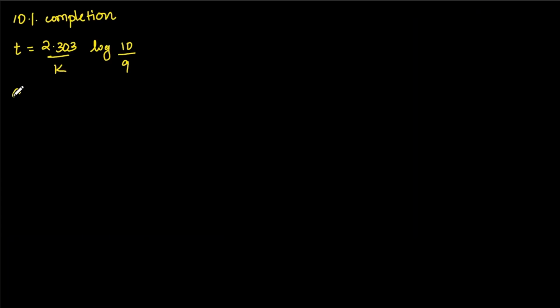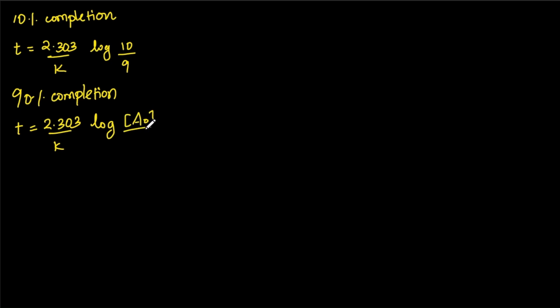So the 90% completion is equal to T equal to 2.303 divided by K log of initial concentration divided by 0.1 A naught. So T equal to 2.303 divided by K, this will get cancelled, and log of 1 by 0.1 will come, which is nothing but log of 10.